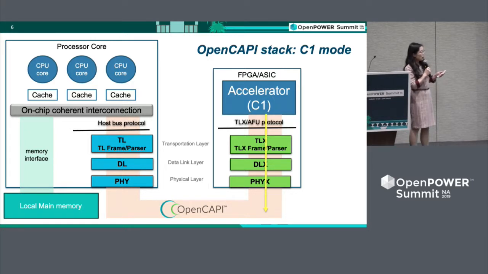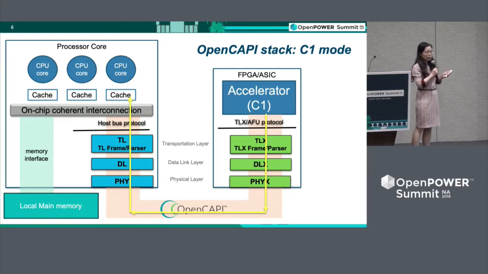So the FPGA side is the master. It will send the transaction commands with virtual addresses. And these commands will go through OpenCAPI links and arrive at the on-chip coherent interconnection. Sometimes we call that the nest.